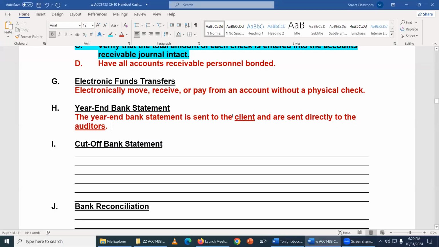This is evidence that is created by a third party. In this case, the third party is the bank, and it is held by the third party. The client never gets a chance to hold on to this evidence. We get it directly from them.